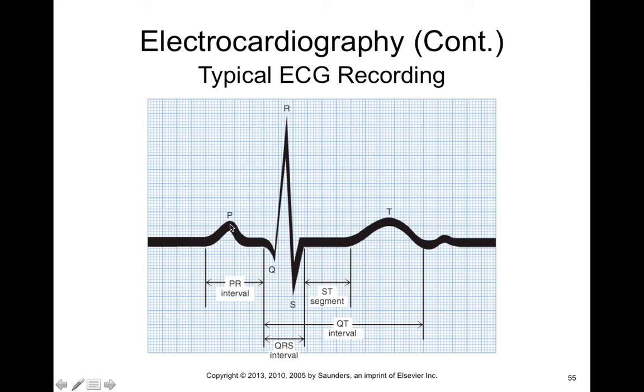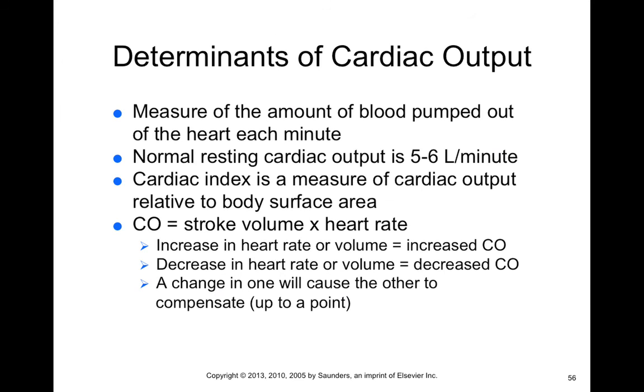Now, these waveforms should occur in certain intervals, and we can measure their intervals to tell us a little bit about how the heart's conducting these action potentials. So we talk about PR intervals and QRS intervals and ST segments and QT intervals, and we'll come back to these intervals later when we talk about the diseases of the heart that affect its electrical properties.